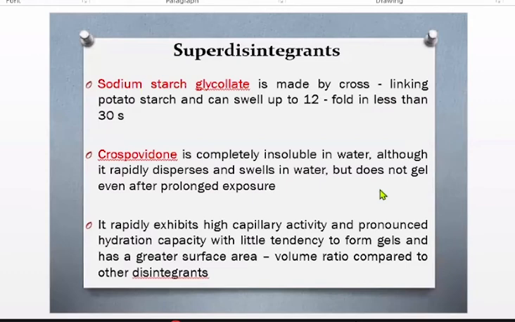Okay. So cross-povidone is also completely insoluble, but rapidly disperses and swells in water. That is why it's also used as a disintegrant. It exhibits high capillary activity and pronounced hydration. So these are tendencies of a good disintegrant.